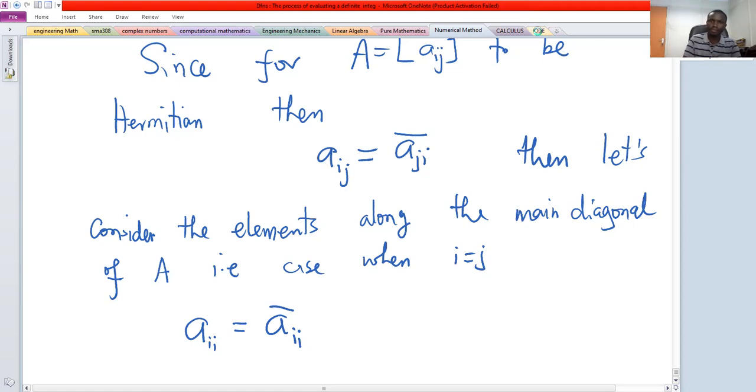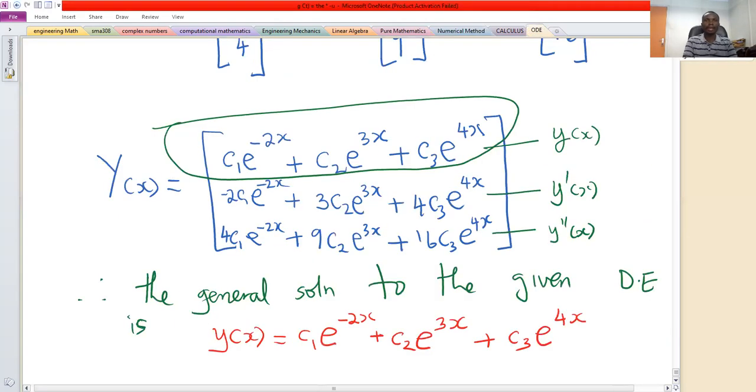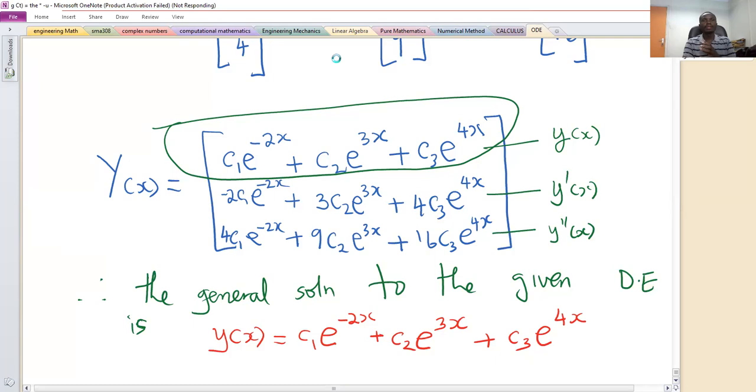So for this condition to be satisfied, aii equal to the conjugate of aii, we expect the complex number aii to be purely real.